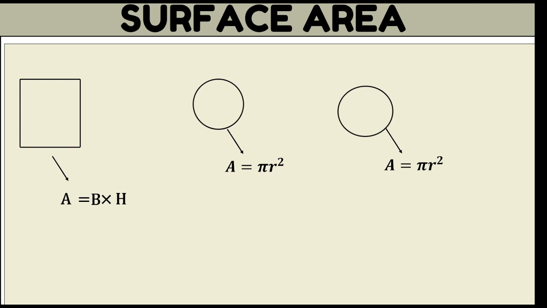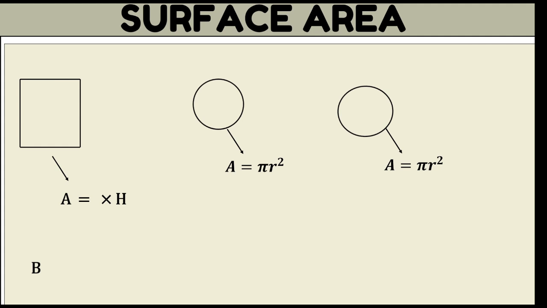Now, remember, this rectangle was folded as a circle to form the curved surface area. So that means that the breadth of this rectangle will not be recognized as the breadth of a rectangle, but rather that of a circle.